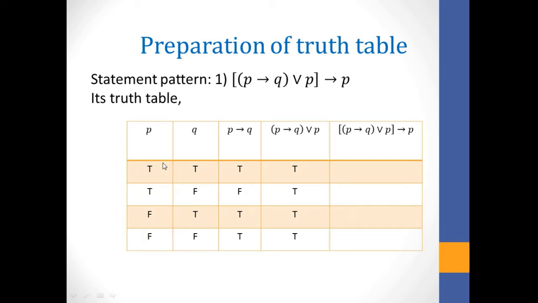T implies T is T. T implies T, again the same, T. Then T implies F is F. And again the same, T implies F is F. So the last column is completed with all these truth values. So the truth table for this statement pattern is completed. Now we will discuss another example.